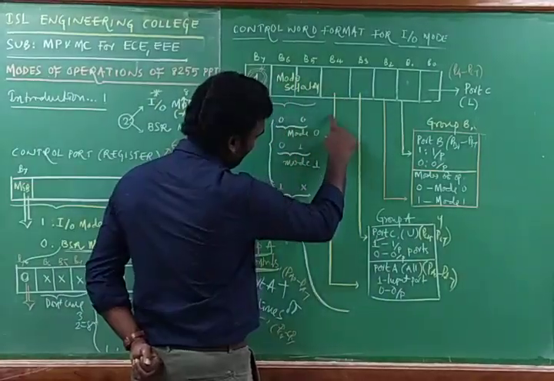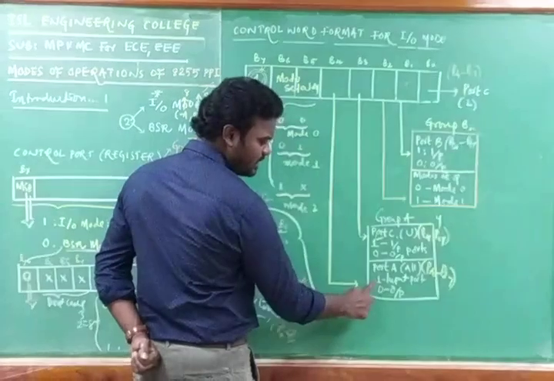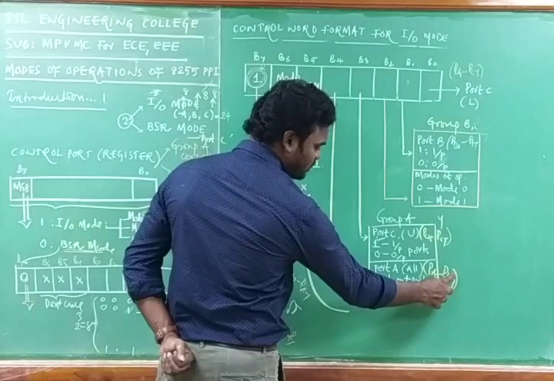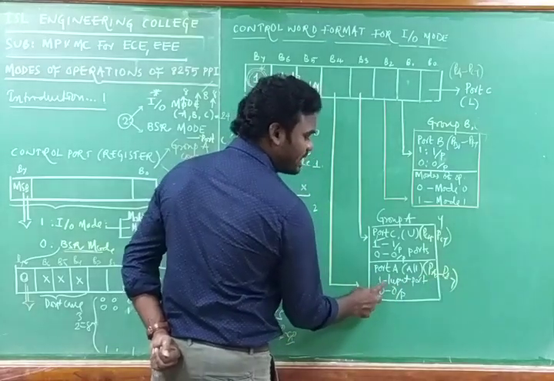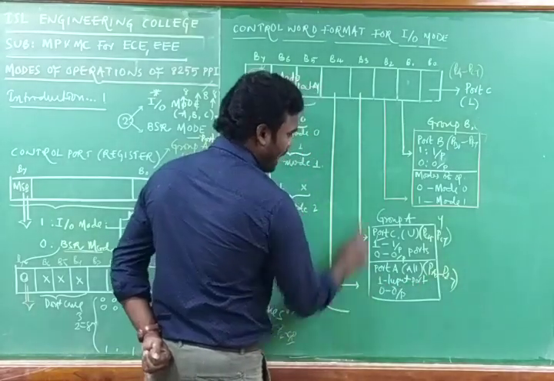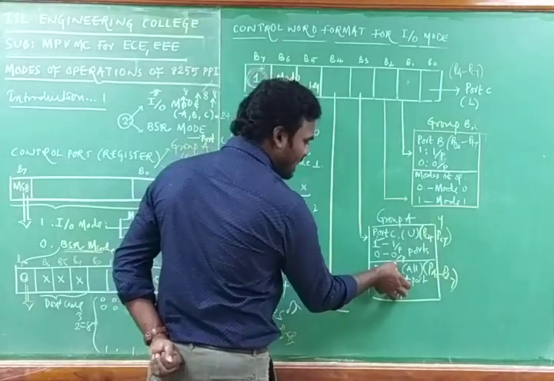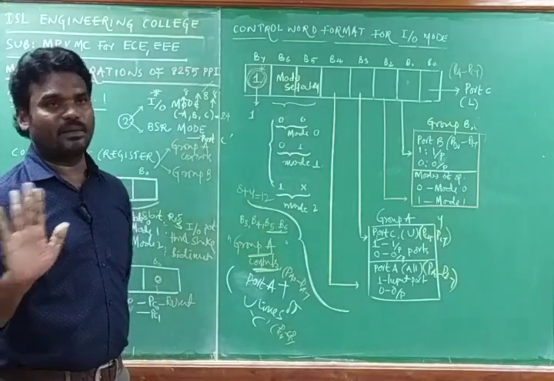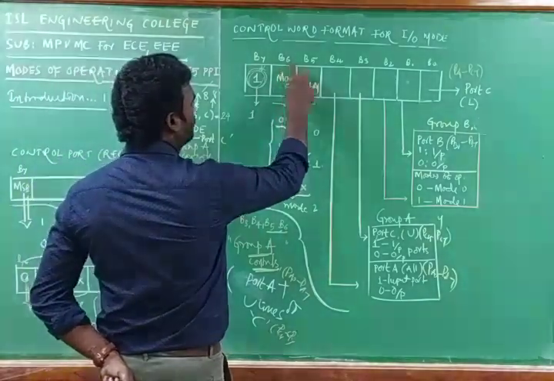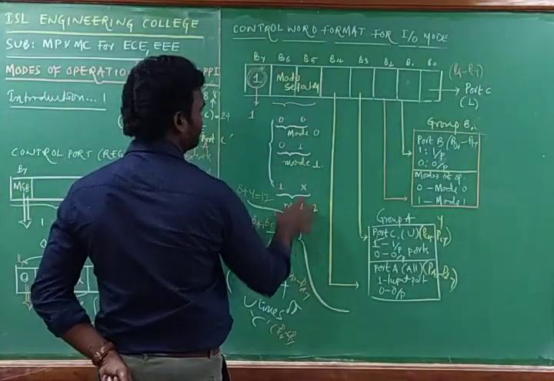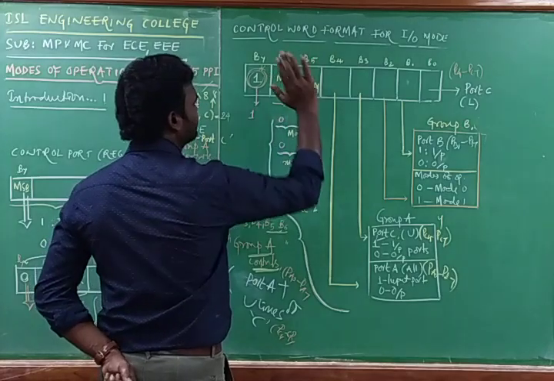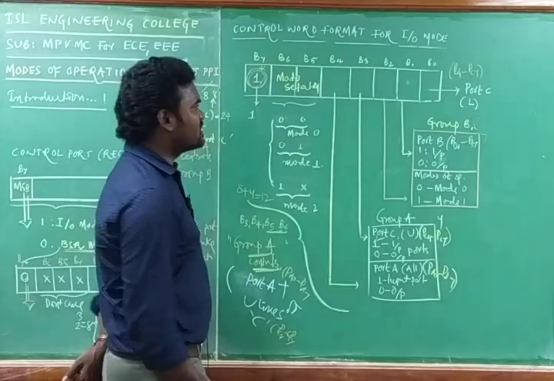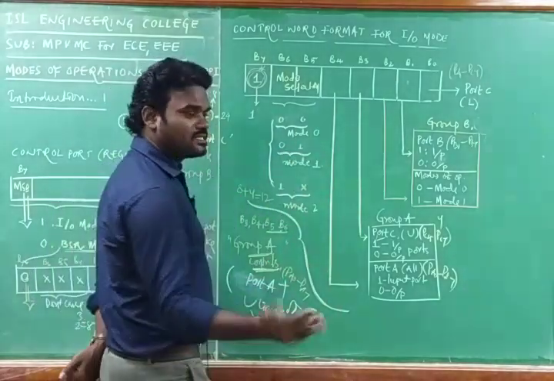Here, if B4 is 1, port A, that is PA0 to PA7 signals, will be set to 1 and act as the input port, and if this is 0, PA0 to PA7 will act as the output signals. Here you should remember that during this mode selection, these can act as input and output signals. When it is mode 0, that is input output signals. This is mode 1, handshaking signals.